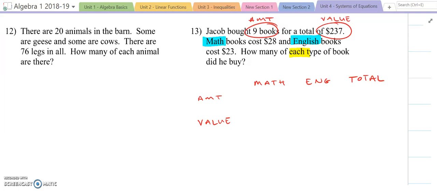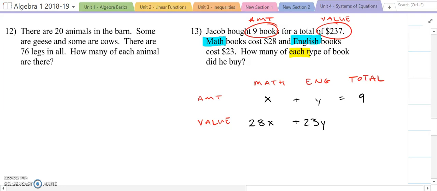The information is given to you. X plus Y equals 9. And now the value of each type of book, 28x, that's for the each, plus 23y, again, because it's each book, is going to be 237.